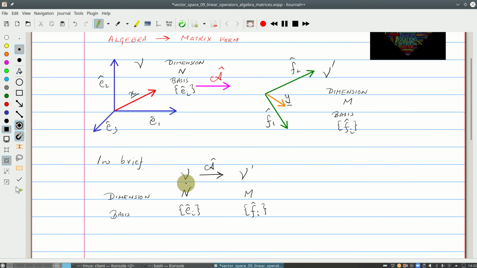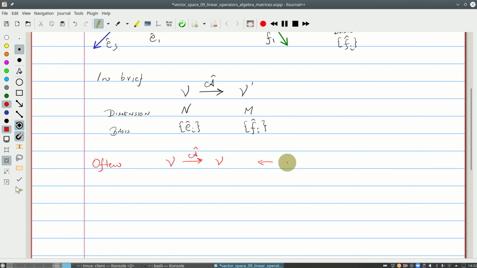Now, quite often we will have linear operators which don't change the space itself. Often the space stays the same. So V is operated on by A hat, and we get the same space. This is the case when you have a rotation, or a linear operator which simply lengthens each vector, so a stretching operator.